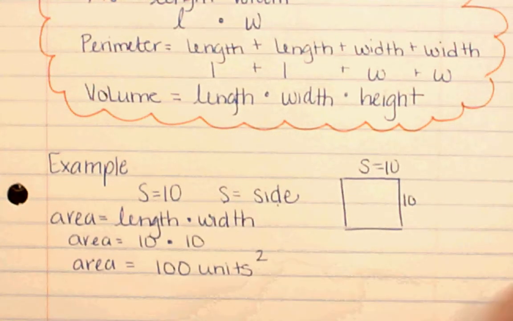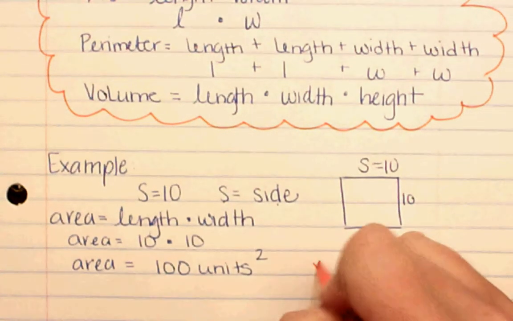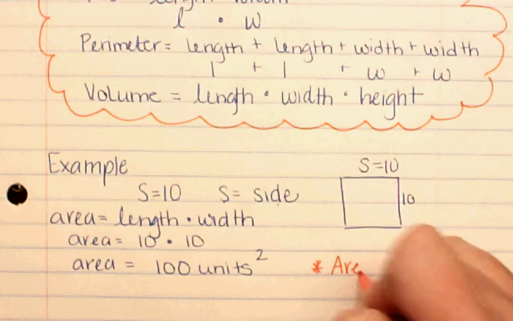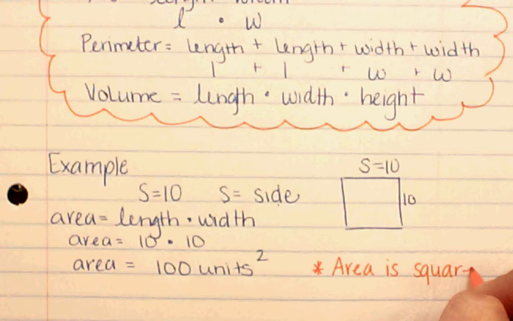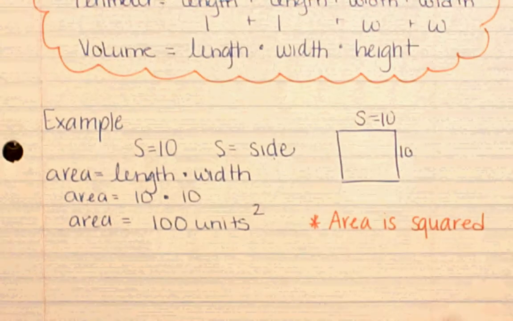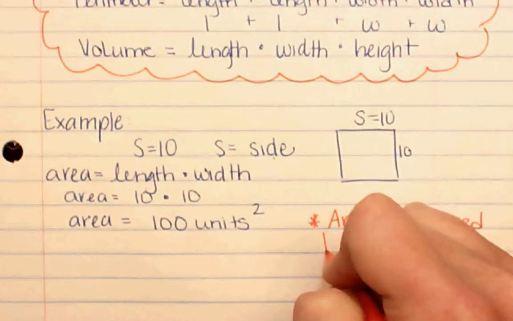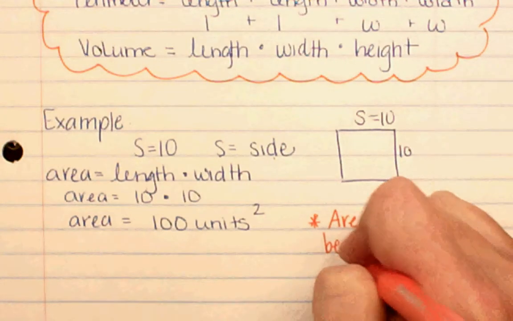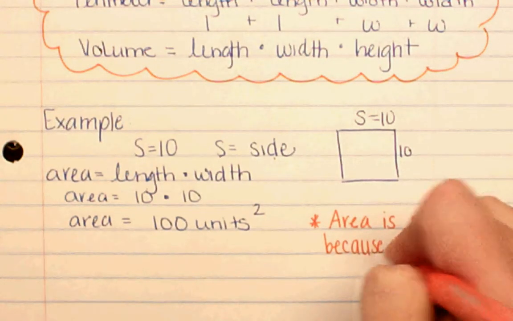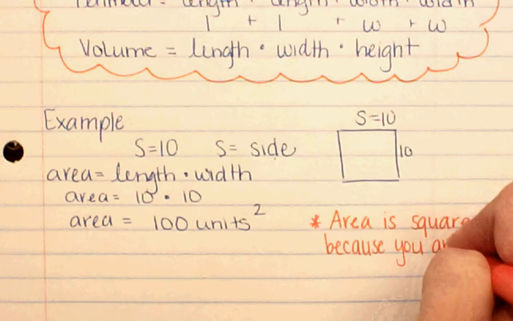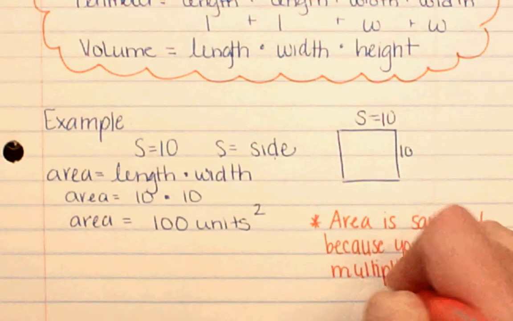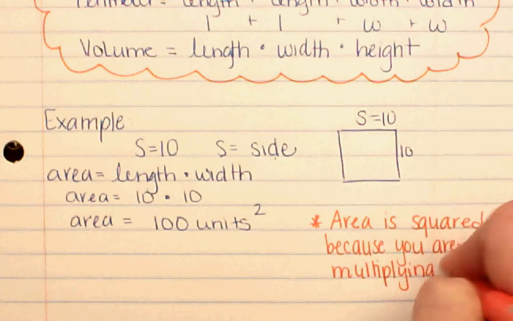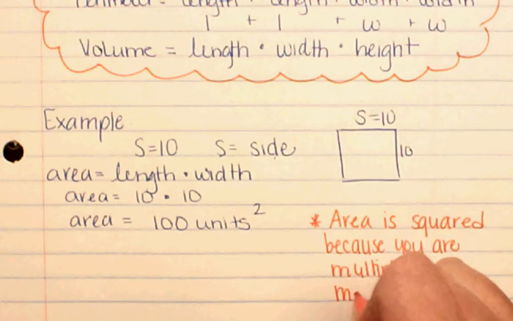squared. Area is squared because, and we're going to write this down, area is squared because you are multiplying two measurements.